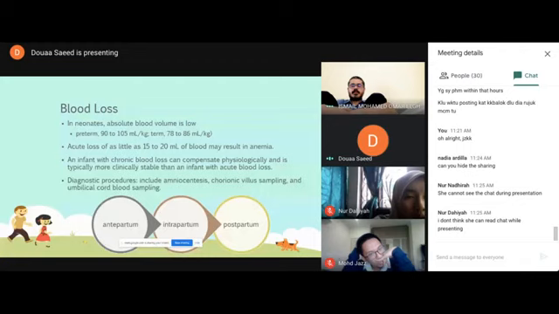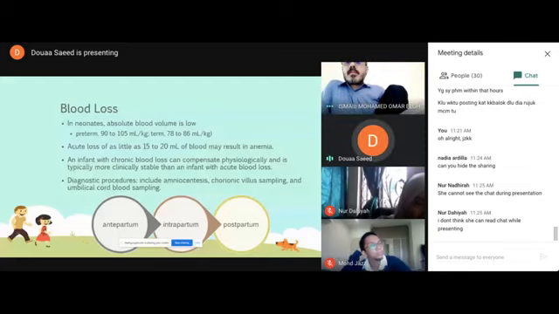So this can be caused by 3 main points that we will go on to explain: antepartum blood loss, intrapartum blood loss, and postpartum blood loss. But it's important to remember that diagnostic procedures such as amniocentesis, chorionic villus sampling, and umbilical cord blood sampling can also lead to blood loss. So we will start with antepartum.